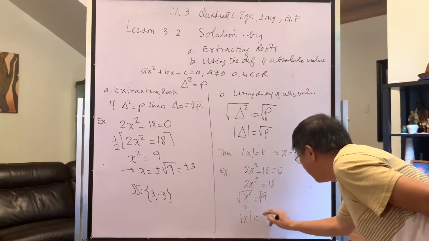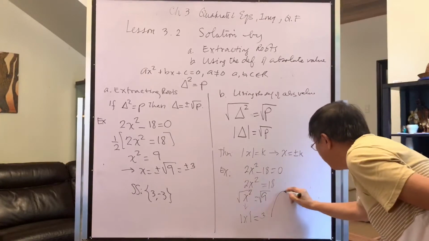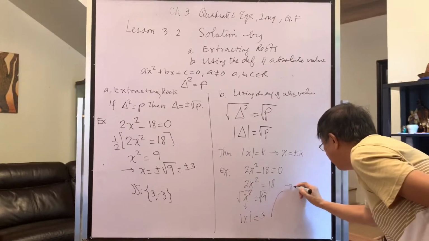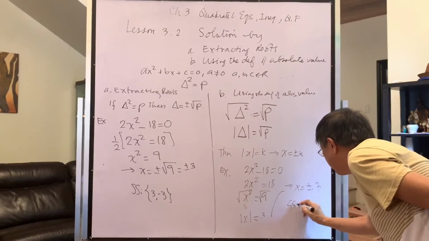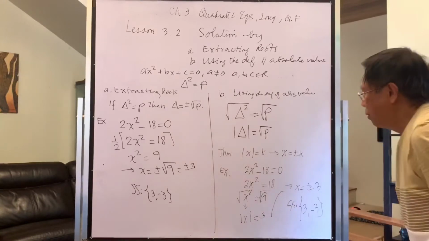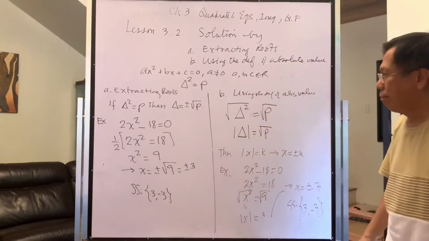And square root of 9 is 3. From this theorem, I can now say absolute value of x equals 3 implies x equals plus or minus 3. Therefore, the solution set for this equation is 3, negative 3, which is the same as what we have there.